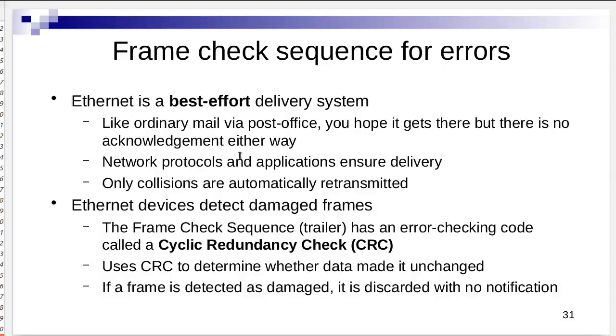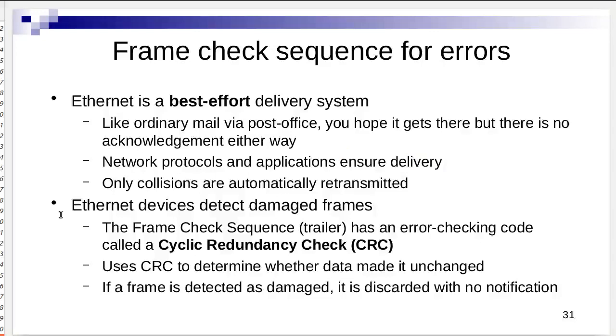Network protocols and applications that are higher level than Ethernet are what are responsible for ensuring that things are delivered. What you can detect at the Ethernet level is collisions. So if you detect a collision, and the Ethernet circuitry can detect that, then you automatically retransmit.